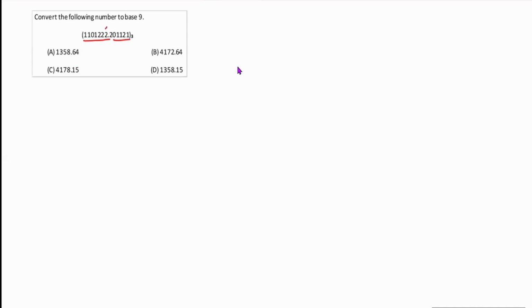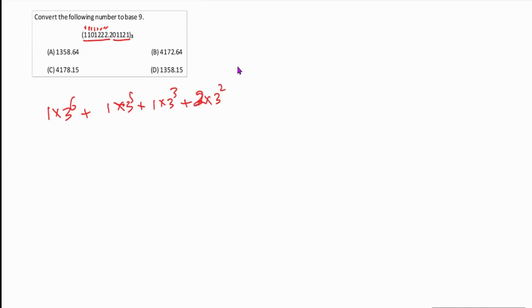This is first, second, third, fourth, fifth, sixth, seventh. So 0, 1, 2, 3, 4, 5, 6. Total 6 places are there. So I will write the conversion to decimal first. 3 into 1 into 3 to the power 6 plus 1 into 3 to the power 5 plus 1 into 3 to the power 3, because the 1 0 is there, that 0 I can leave.